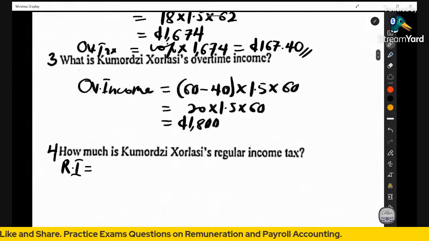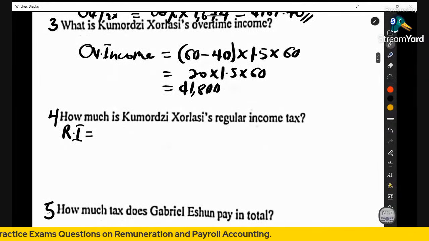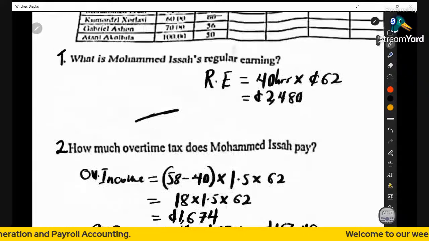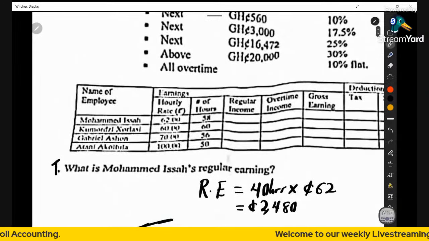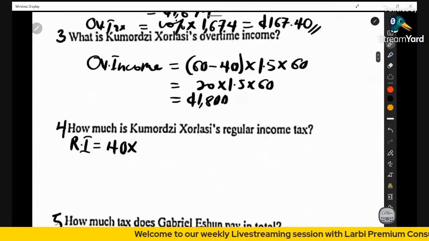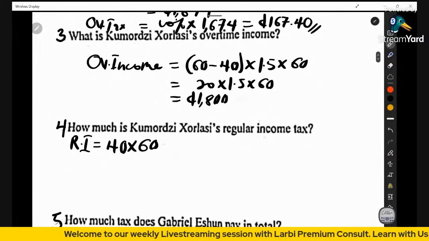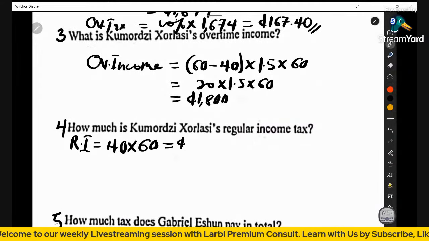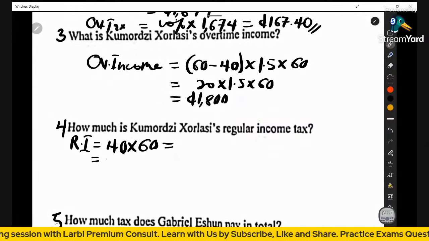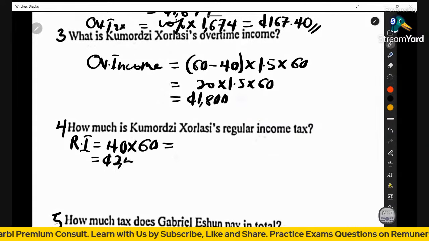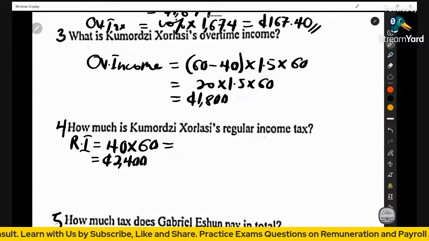No. So we can straight away calculate that as 40 multiplied by the hourly rate for Zolasi, which should be 60. So bring that 60 here too. So what are we getting? 2,400. That's what I got in my case.